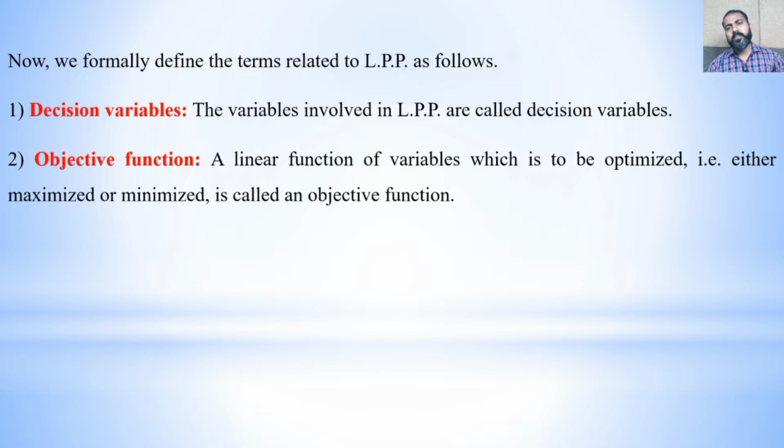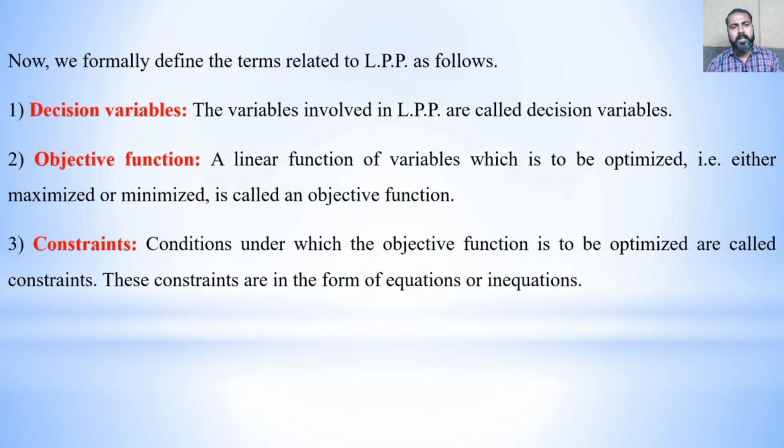A linear function of variables which is to be optimized, that is either maximized or minimized, is called an objective function. Third, constraints. Conditions under which the objective function is to be optimized are called constraints. These constraints are in the form of equations or inequations.